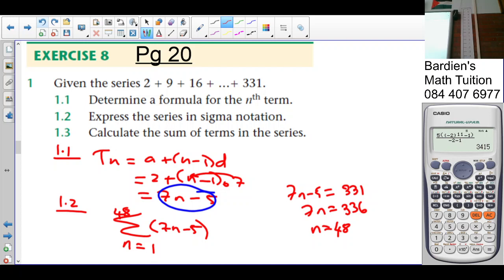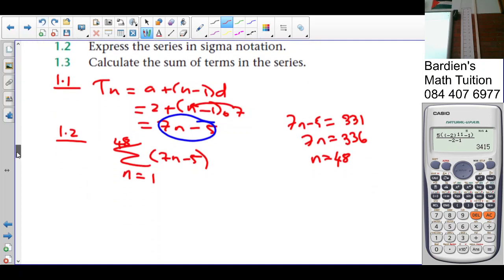Now they ask you to calculate the sum of the series. Previously, we calculated it prior to that, but now they're asking you. So to calculate the sum of the series, it's going to be Sn equal to, which one of the two are you using? A plus L, not so? Why? Because I have the last term. If you go with Sn equal to n over 2 into 2a plus n minus 1 d, you should get the same answer.